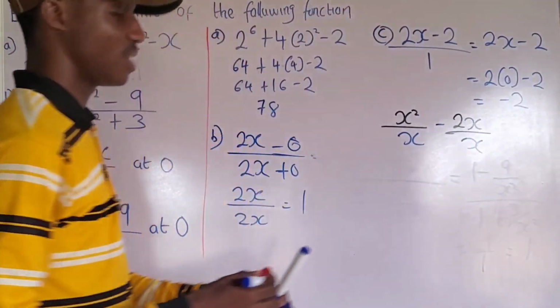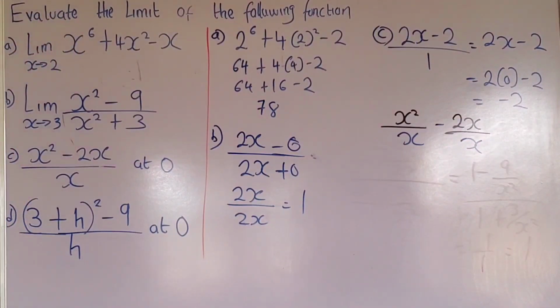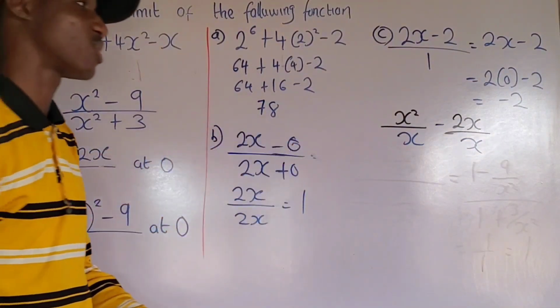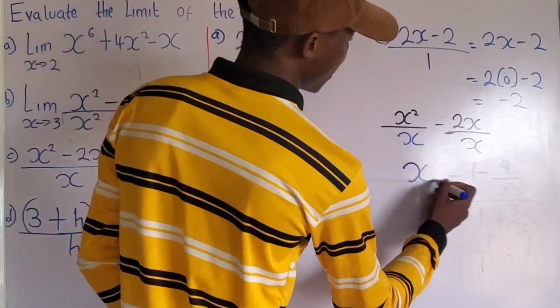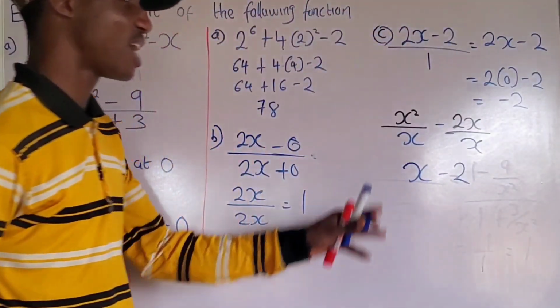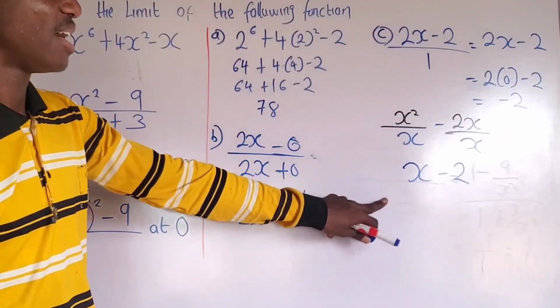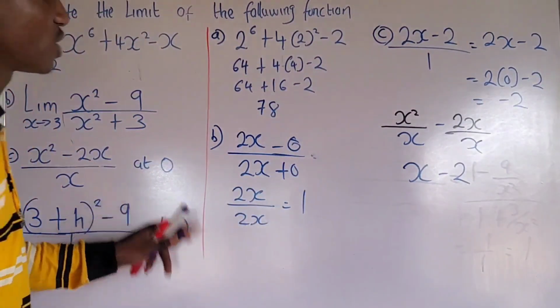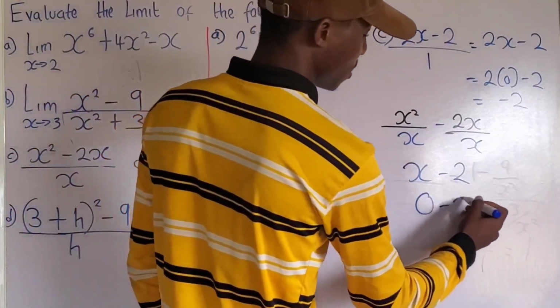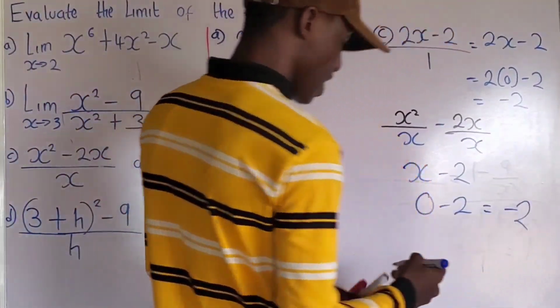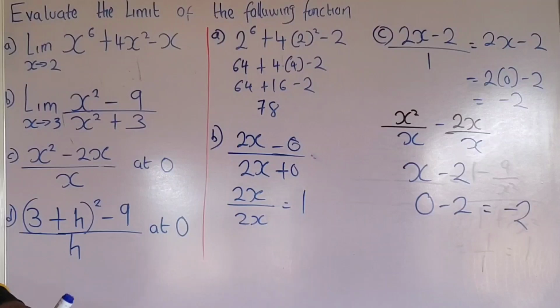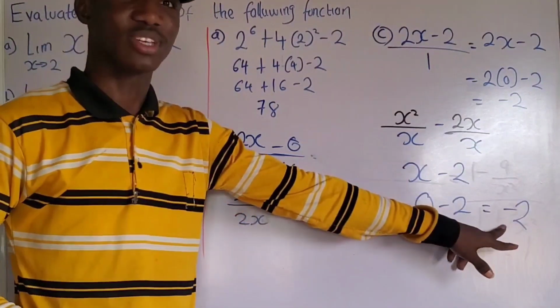Now, if you take the division, x squared divided by x gives x, so you're going to have x minus 2. If you substitute the value of x as 0, you're going to have 0 minus 2. So this is minus 2. So if you use the manipulating method or you use L'Hospital rule, you are still going to arrive at negative 2. You get what I'm trying to say?